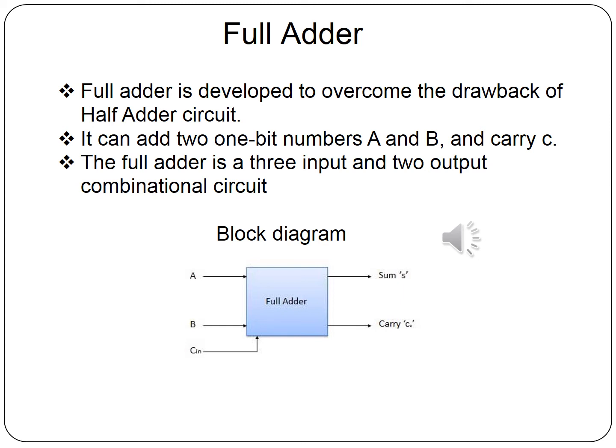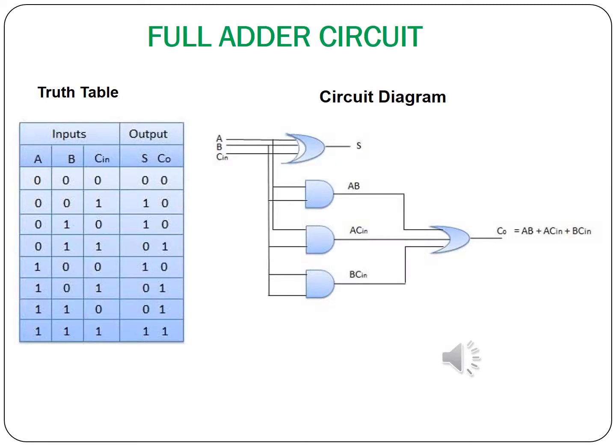The outputs are sum and carry. This slide shows the full adder circuit, truth table, and logic circuit. The truth table consists of inputs and outputs. The inputs are A, B, and Cin, that is the carry bit for the addition, and the two outputs are sum and carry.